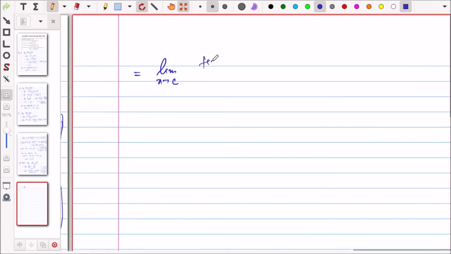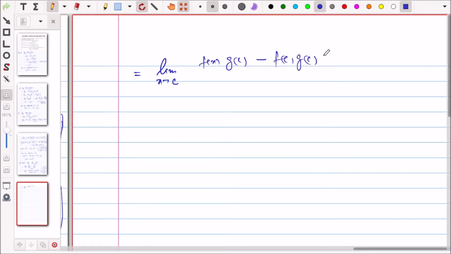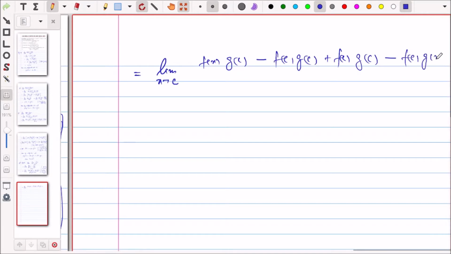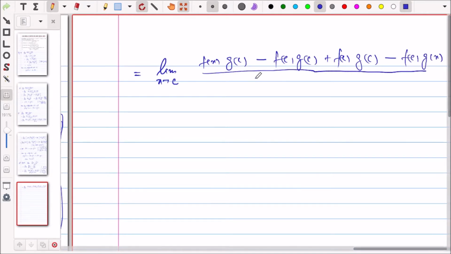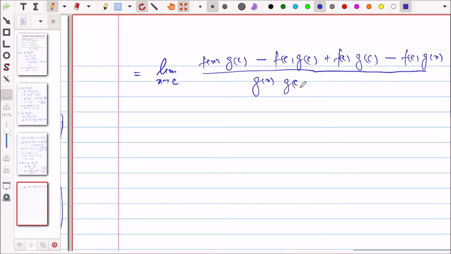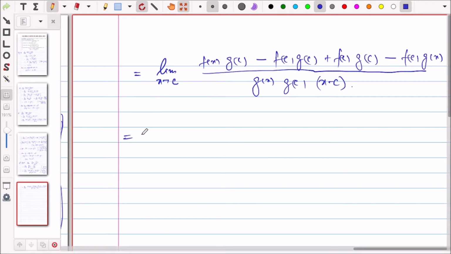So limit x tends to c, (f(x)g(c) minus f(c)g(c) plus f(c)g(c) minus f(c)g(x)) upon g(x)g(c)(x minus c). So this we can simplify and we can get like this.